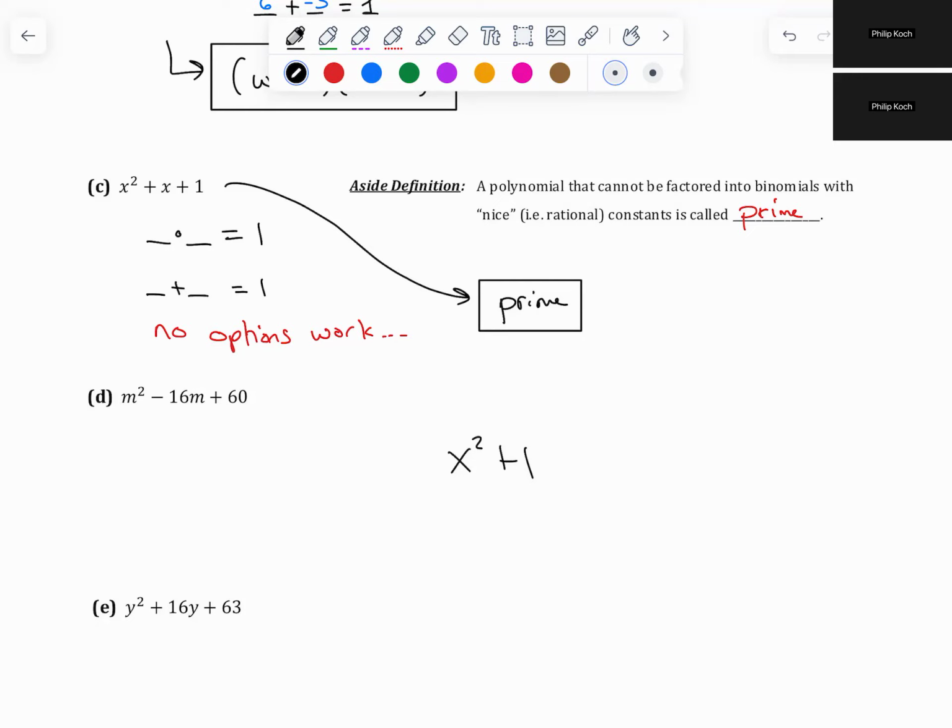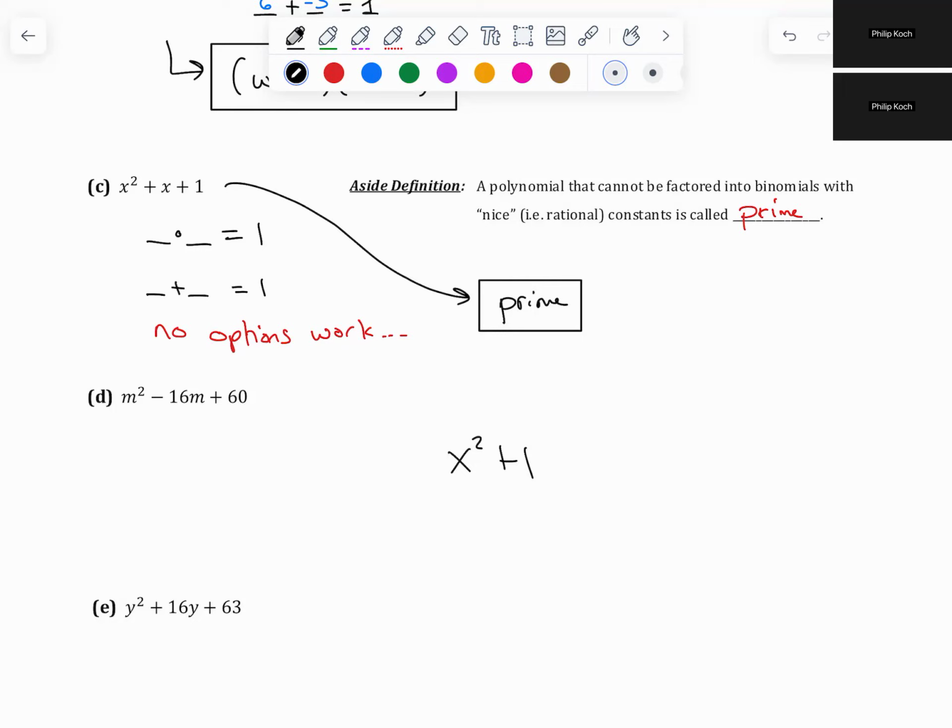So legitimately, language was created so that we could talk about mathematics. This is the thing that makes us human. At least that's my opinion. And the reason why I bring that up is this is what mathematicians did. They saw this and said, well, there's no two real numbers that work. And then mathematicians said, but what if there was? What if there was a number that did this? And then all of complex numbers came about.